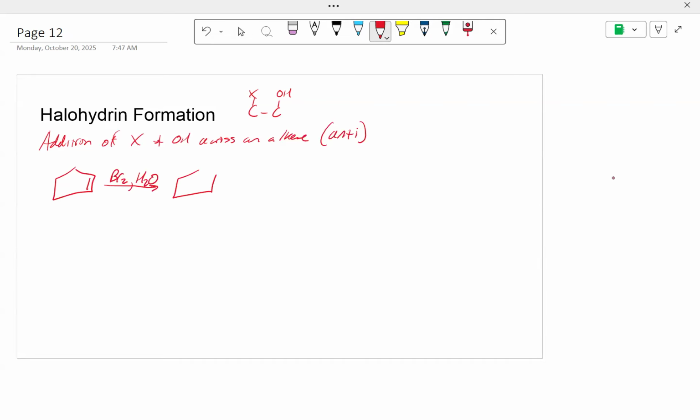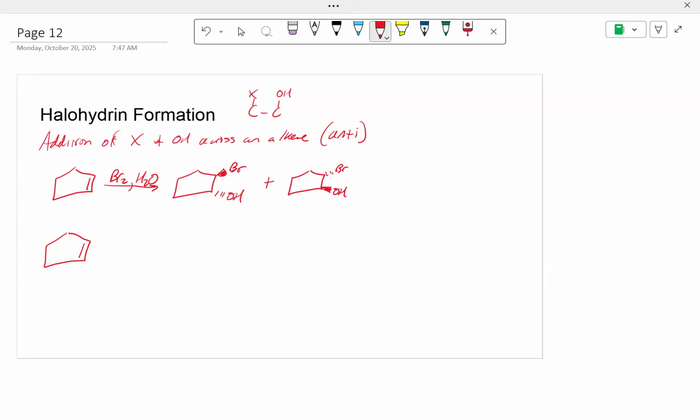And when that occurs, bromine adds to one side and OH will end up adding to the other side in an anti-fashion. Now, because the stereochemistry is very similar to halogenation, the mechanism is going to look almost exactly the same.